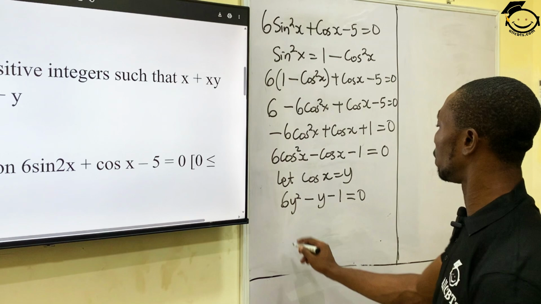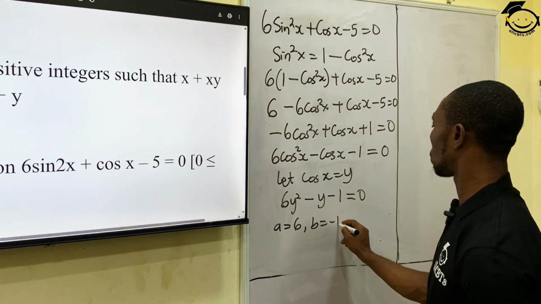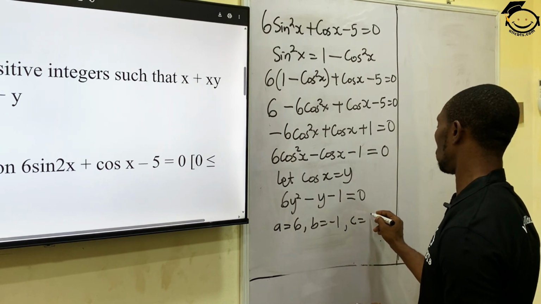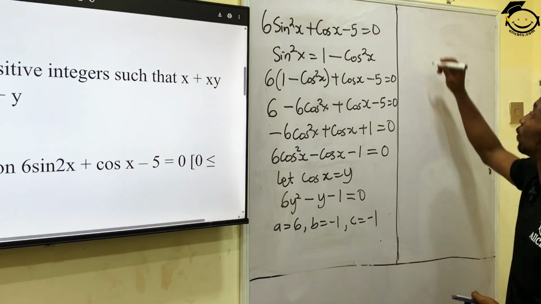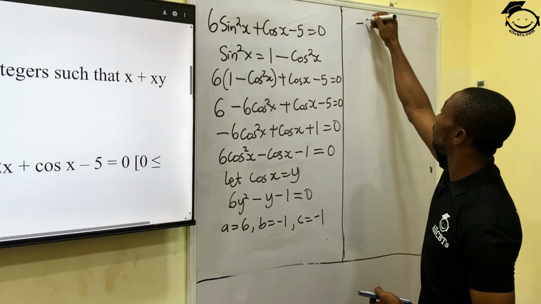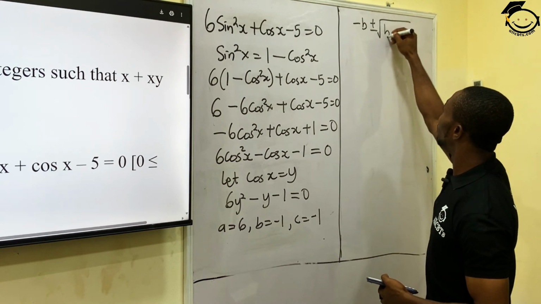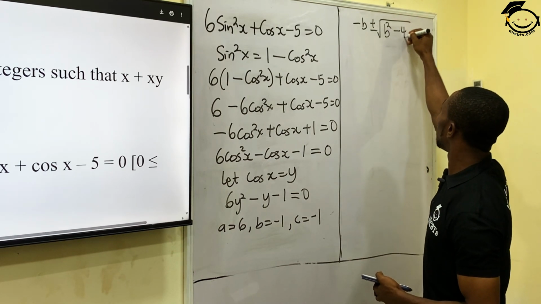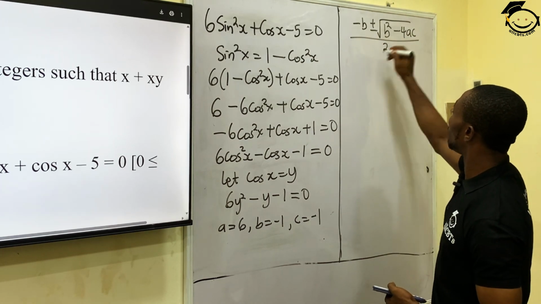For us to solve this, we know our a equals 6, b equals minus 1, and c equals minus 1. So let's use our almighty formula or quadratic formula, which says that minus b plus or minus root b squared minus 4ac, all over 2a.